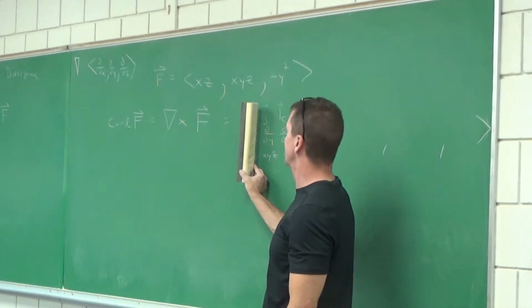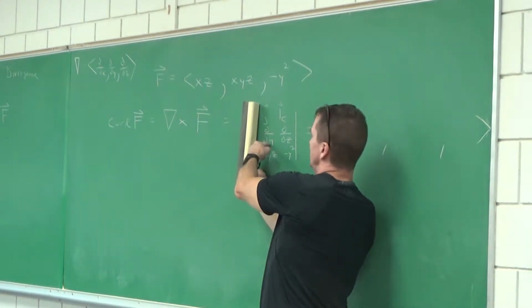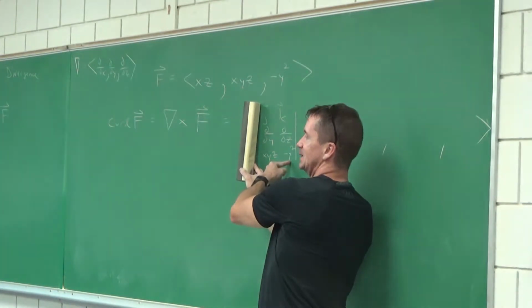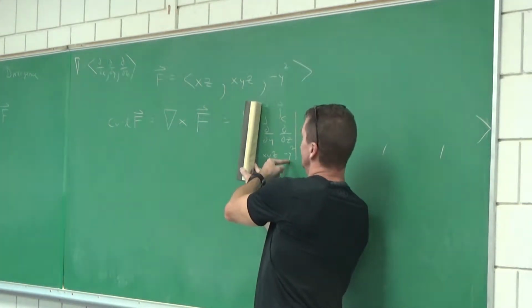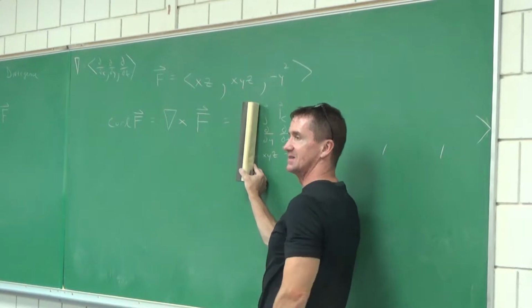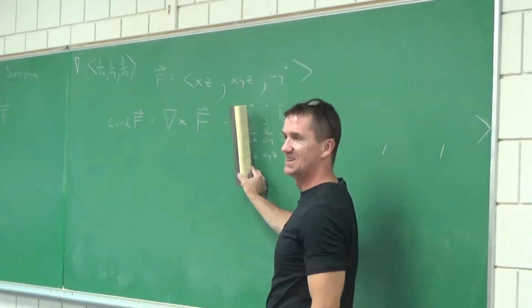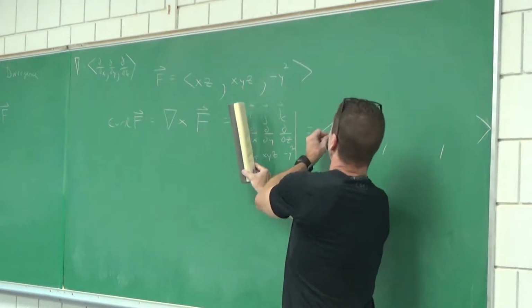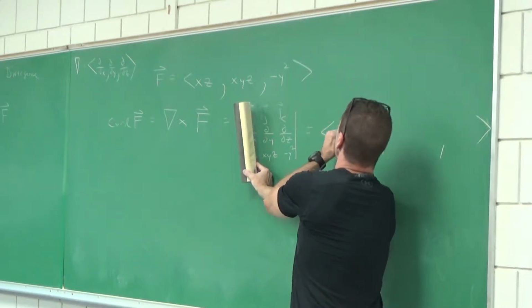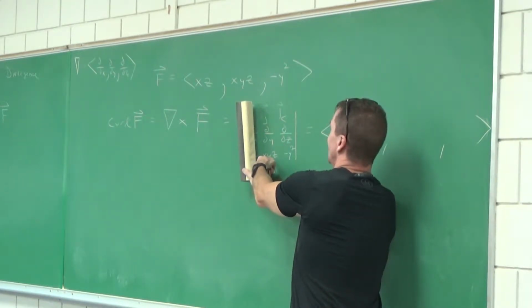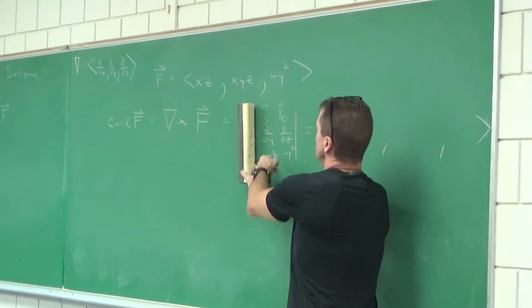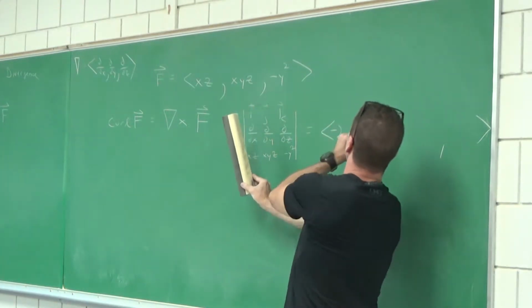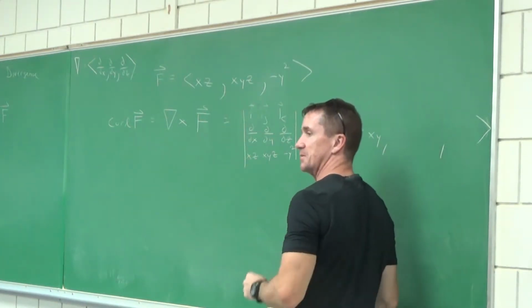What's the derivative of this with respect to y? Subtract the partial derivative of this with respect to z. That's what we'll put right here. So negative 2y. All right, negative 2y. Subtraction, with z, right? Yeah, the partial of that with respect to z. xy. And here's my first component.